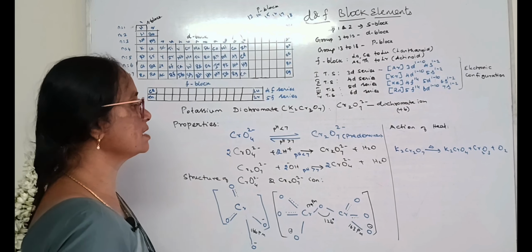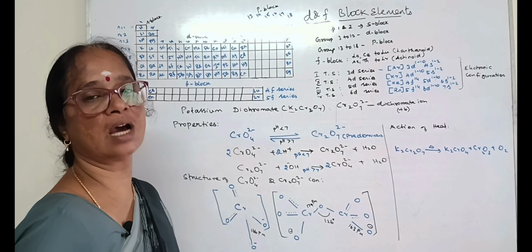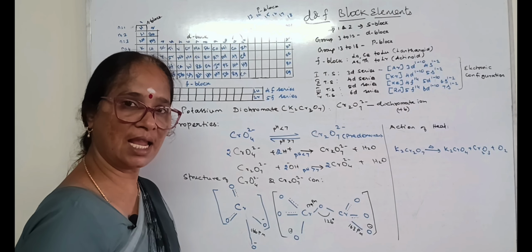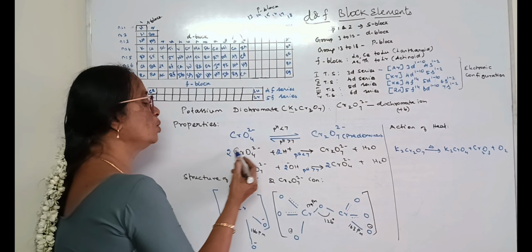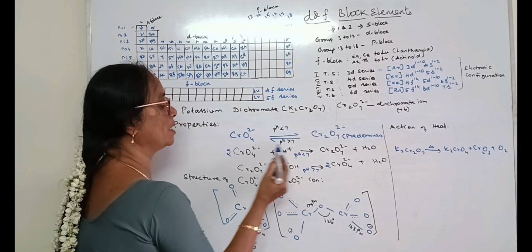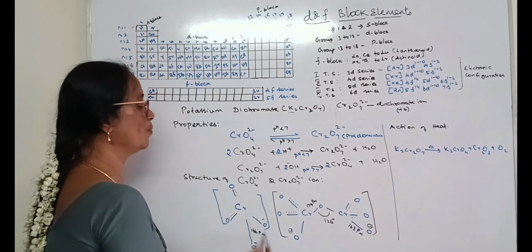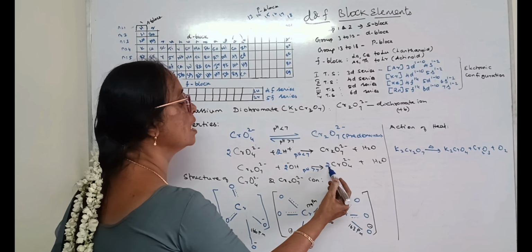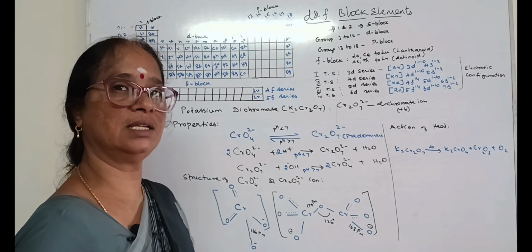When we balance the ionic equation, we have to balance the charges also. We balanced the number of atoms, and at the same time we have to balance the charges too. Here 2 2s are minus 4, plus 2, the net value is minus 2. Here 2 minus, it is equal to 4 minus, 2 2s are 4 minus. So the charges are also balanced in this reaction.